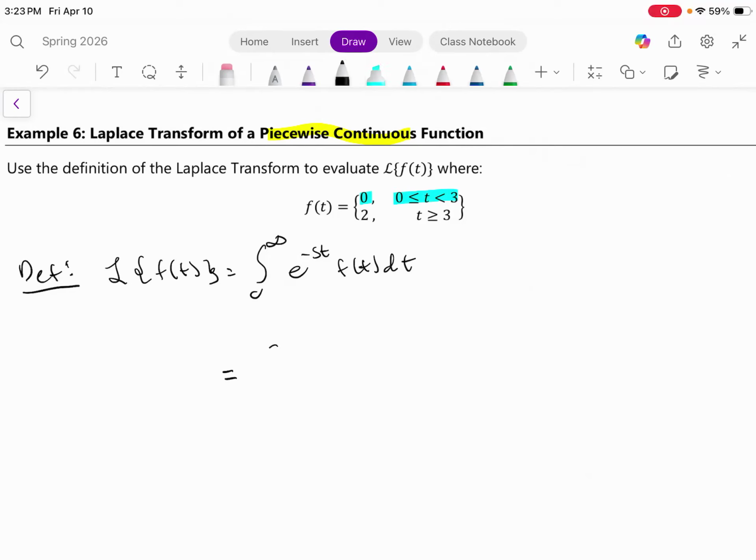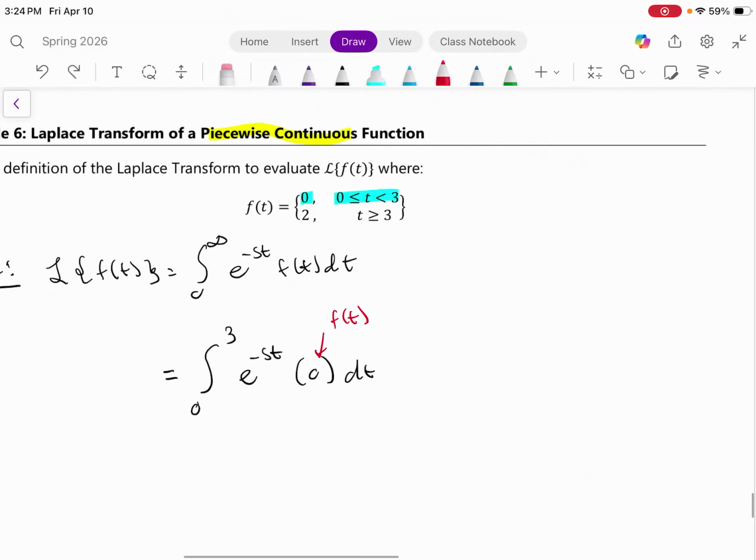So our Laplace transform would be the integral from 0 to 3 of e to the negative st times the specific function, which is 0, dt. This is like my function f of t. We're still going from 0 to infinity, but we've broken it down into our specific pieces. And for this function 0, it only goes up to 3. So that's our first Laplace.